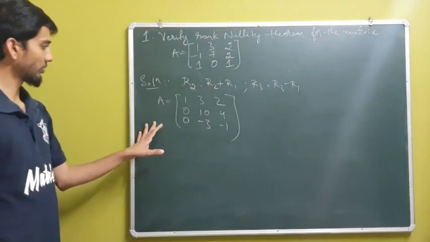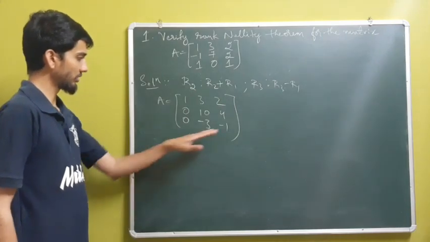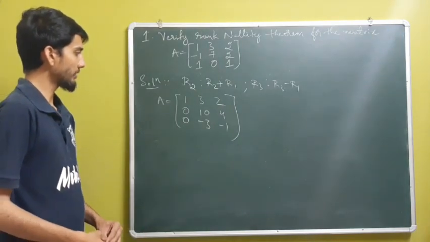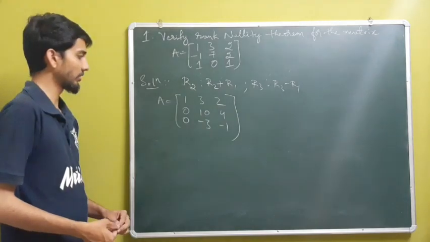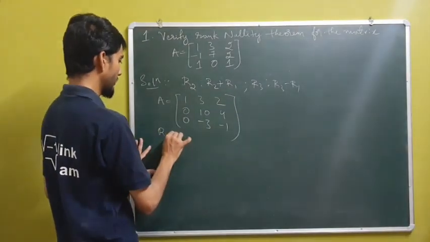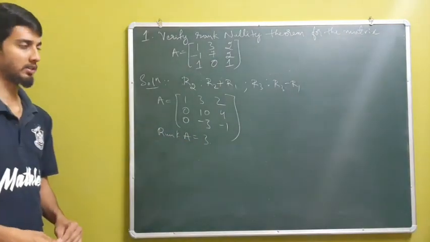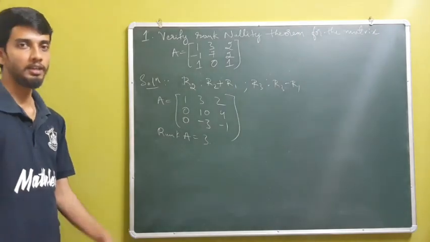If you observe, we cannot do any further elementary operations, so this is the reduced matrix, say A. So therefore the rank of A is 3. We cannot do any further operations, so we got that rank to be 3.